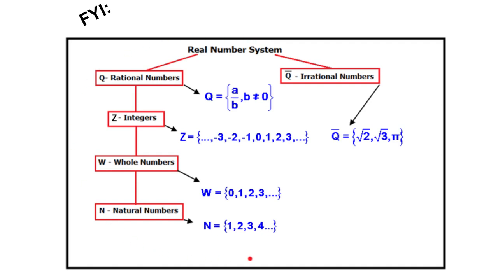So I bring this up because there are different symbols here to represent different types of numbers. And when we're talking about domain and range, we can use these symbols in our communication of domain and range. So if x can be any natural number, we can use the symbol N in our domain statement.